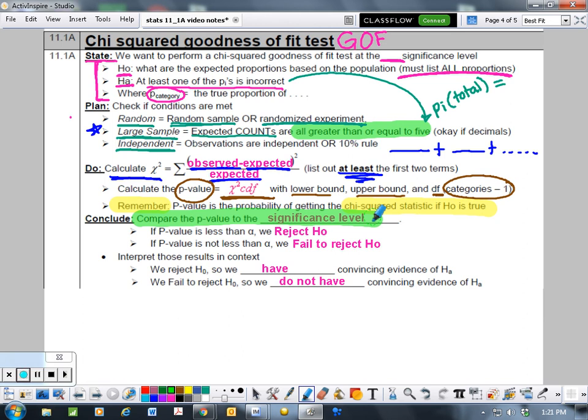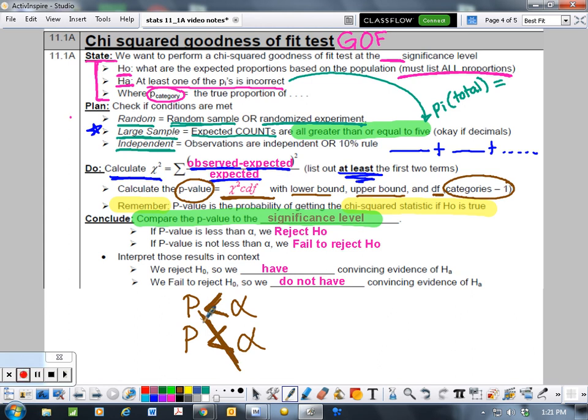If it is less than alpha, so I would take my p-value and I check to see if it is less than alpha. If it is, I reject. If my p-value is not less than alpha, and that's what I do, I always use the same symbol so I don't get confused, and I check. Is it less? Then I reject. If it's not less, then I fail to reject.